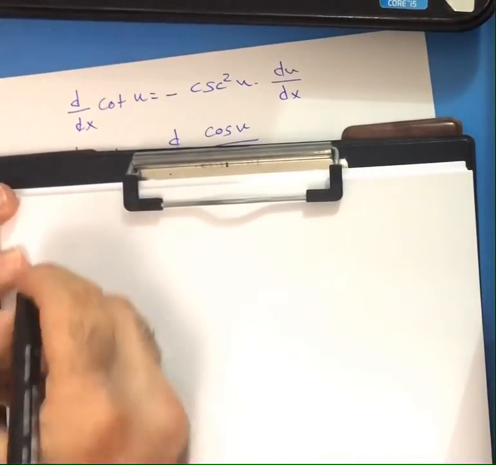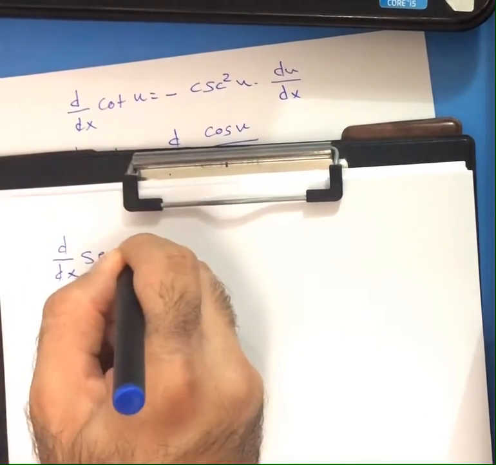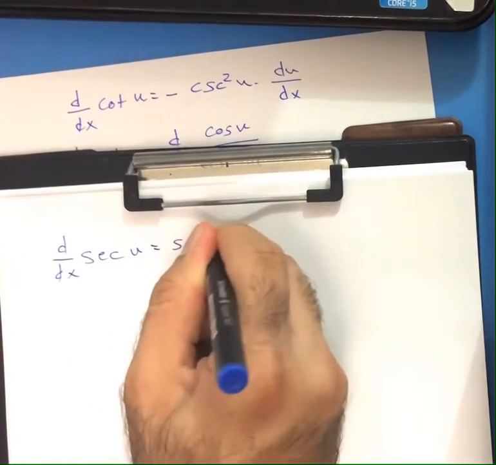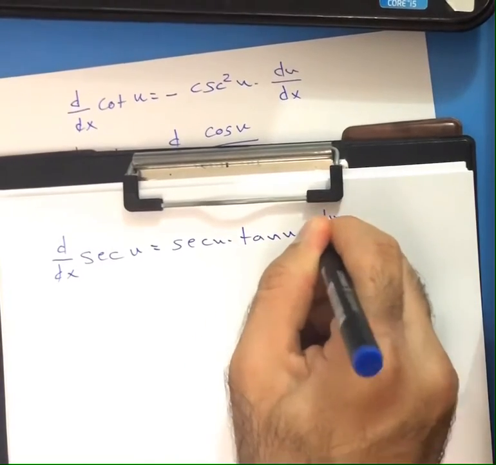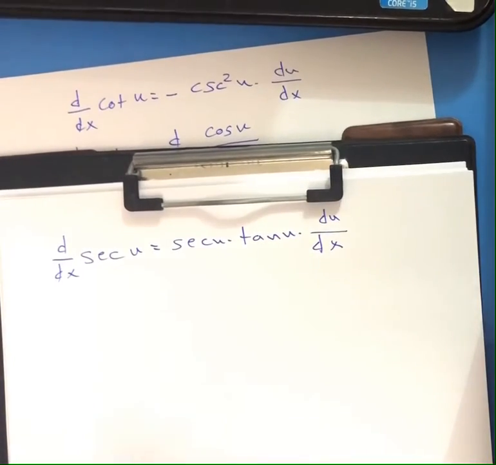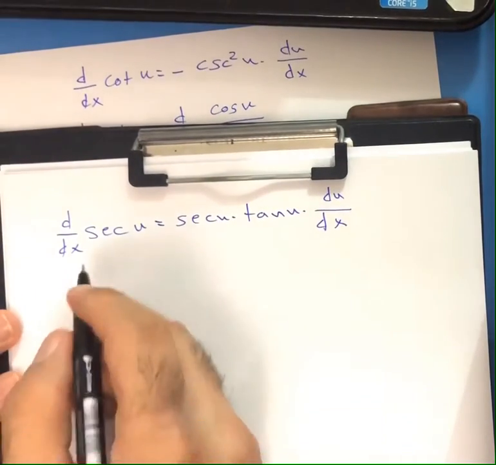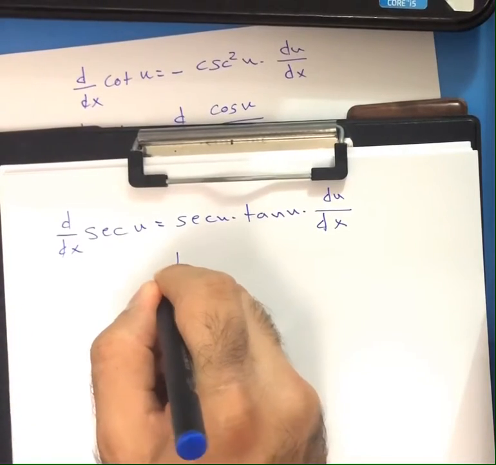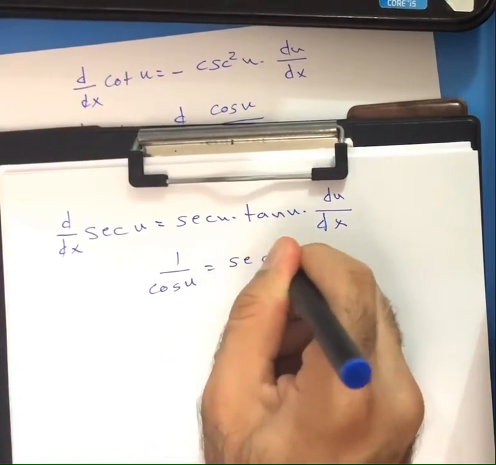Let us prove that d by dx for sec u is equal to sec u tan u multiplied by du by dx. Now, as I mentioned a few seconds ago, 1 over cosine u represents sec u.